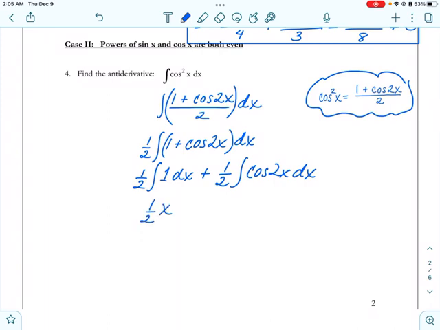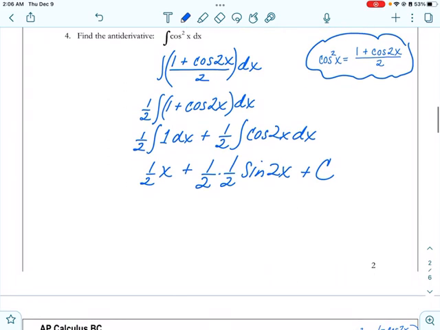It's just going to be 1/2 x plus, and then I have the 1/2. Now you have to be careful, but remember when you integrate cosine 2x, that's going to take you back to sine 2x, but you're going to have to divide by 2 or multiply by another 1/2. So it'll be sine 2x and then plus c.